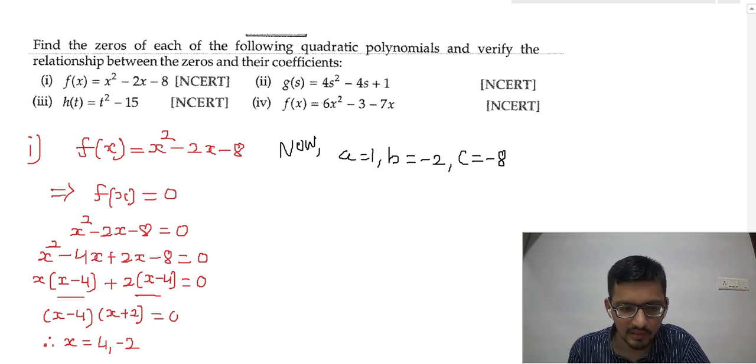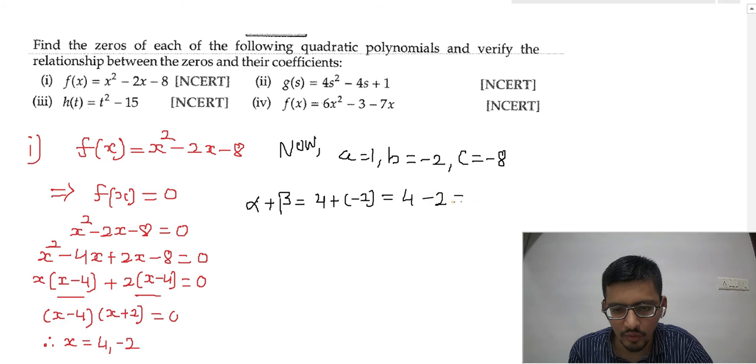Now, what are the two roots you got? 4 and minus 2. Any one you can take as alpha, any one as beta. So let me assume alpha and beta are the roots. The sum of roots, alpha plus beta, means I add these two zeros manually. What is 4 plus minus 2? 4 minus 2 is 2.